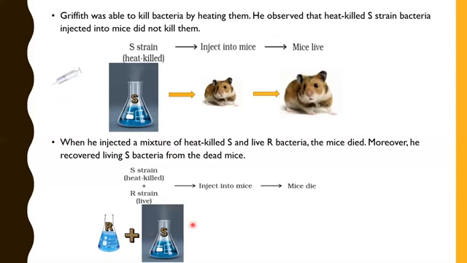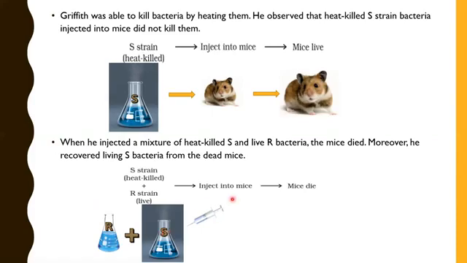So he got a mixture of two non-pathogenic bacterial cells. Even though R strains are living, they are non-pathogenic. But here pathogenic S strain cells were killed, so they became non-pathogenic.